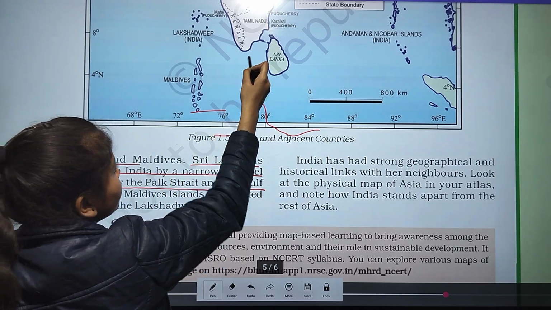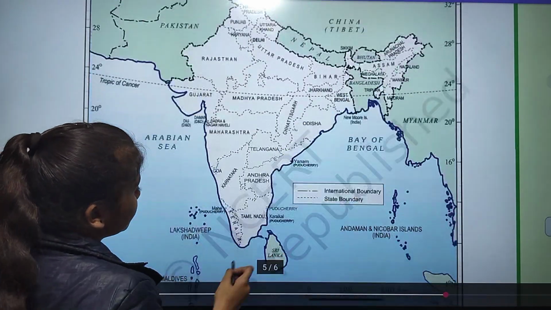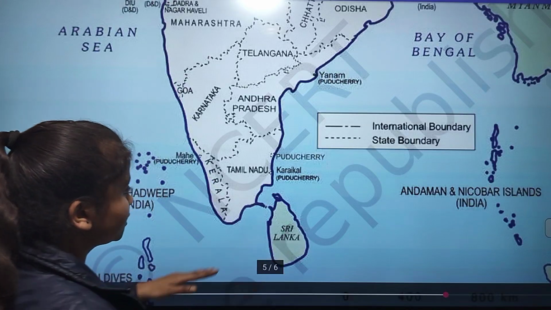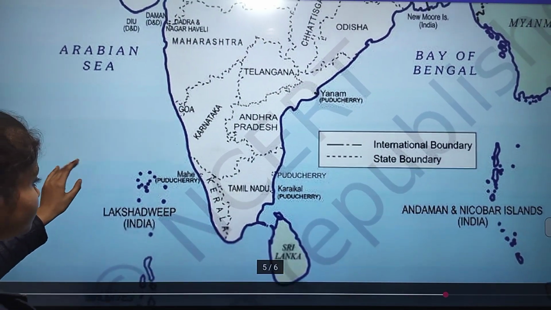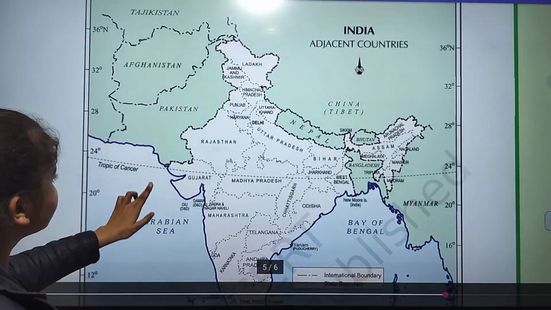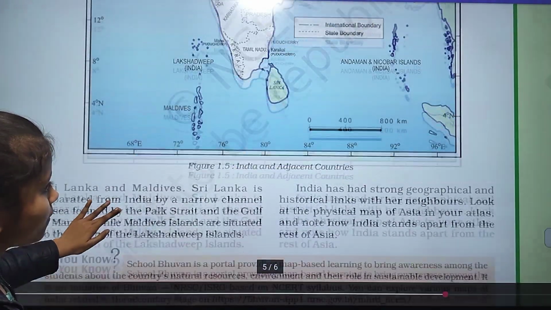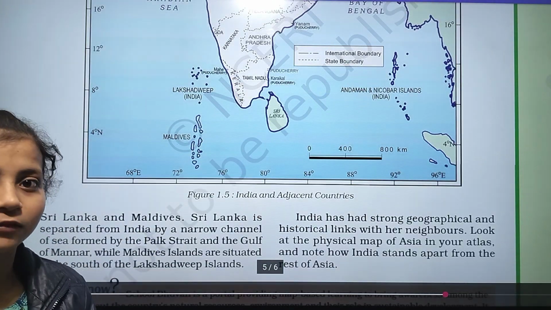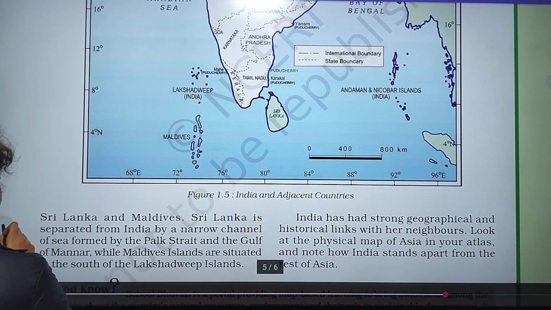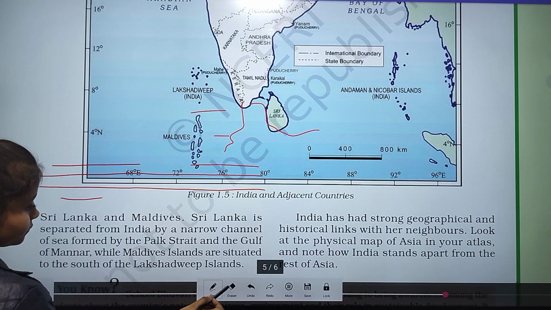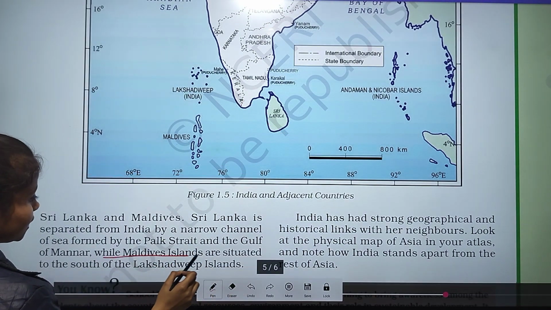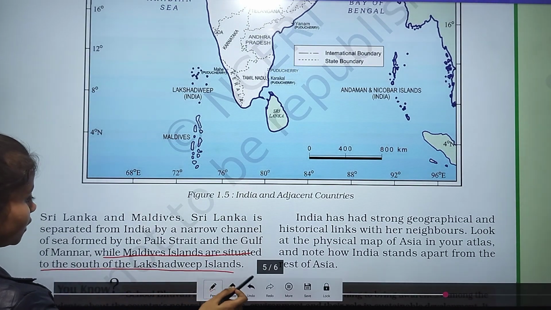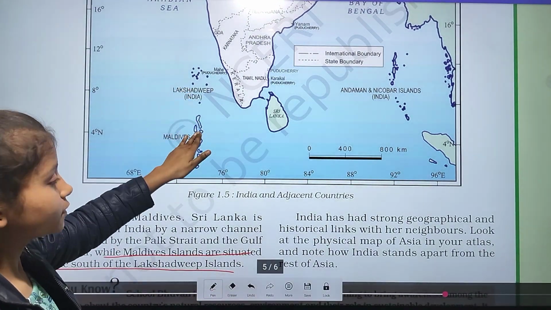This dotted line is called Palk Strait or Gulf of Mannar, and this one is called Rann of Kutch. And this one is called Gulf of Mannar. While Maldives Islands are situated in the south of the Lakshadweep.